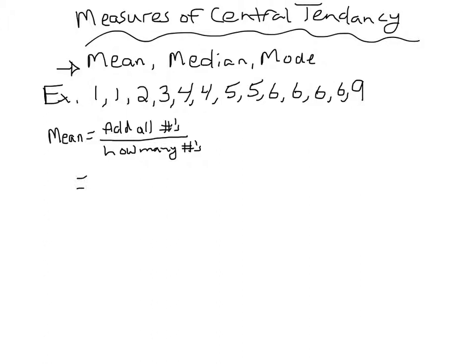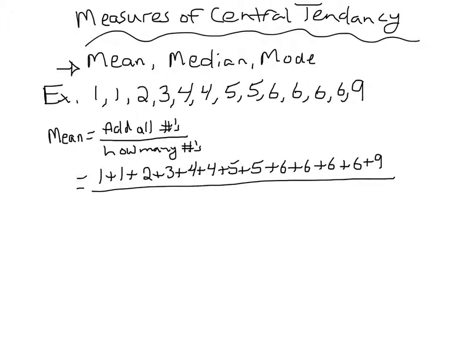So, we're going to go 1 plus 1 plus 2 plus 3 plus 4 plus 4 plus 5 plus 5 plus 6, 6, 6, 6, 9. We're going to divide that by how many numbers we have. 1, 2, 3, 4, 5, 6, 7, 8, 9, 10, 11, 12, 13 numbers.